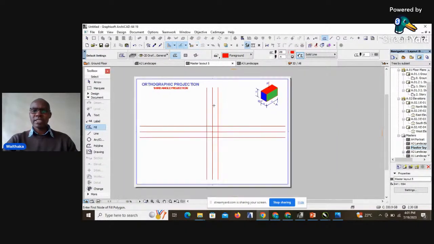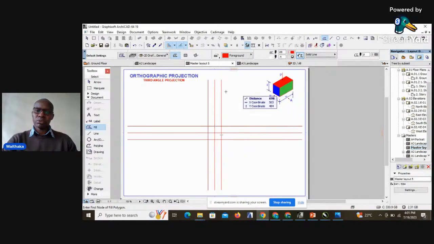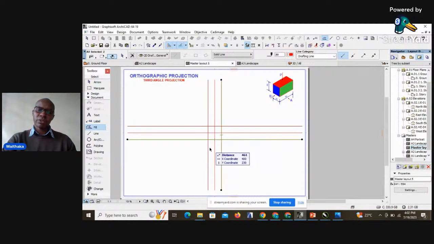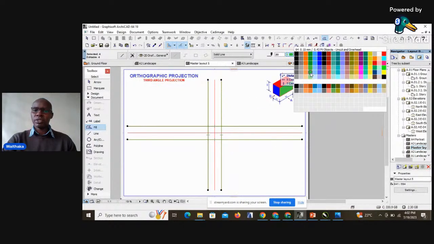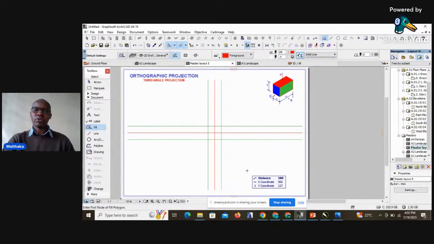So therefore, let us project the views and see how they will appear as compared to first angle projection. Again, my construction line, I will turn them to green so that we are able to follow.